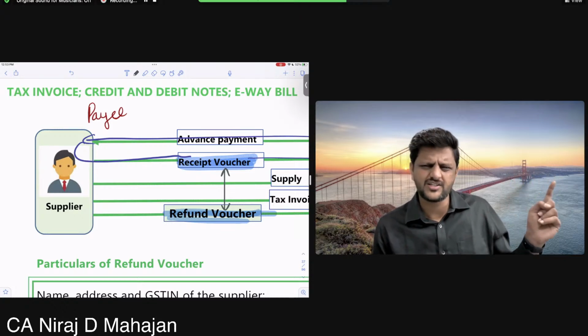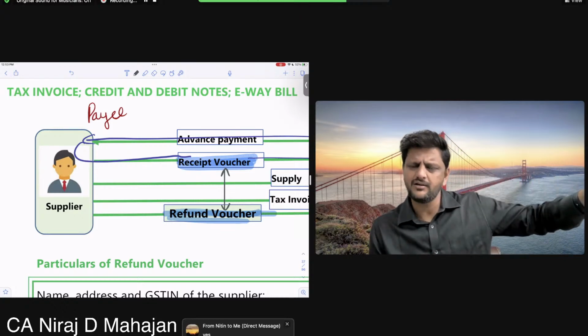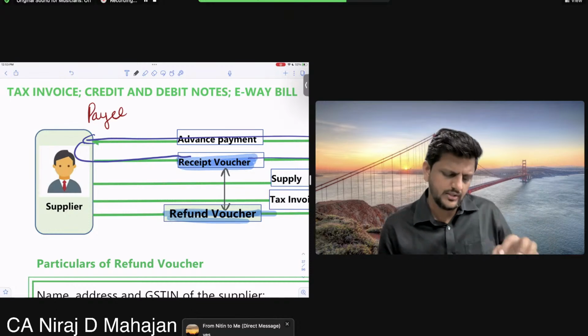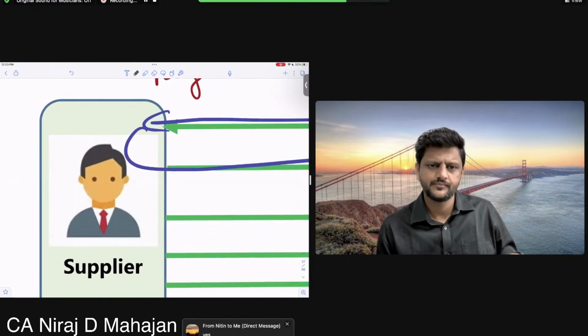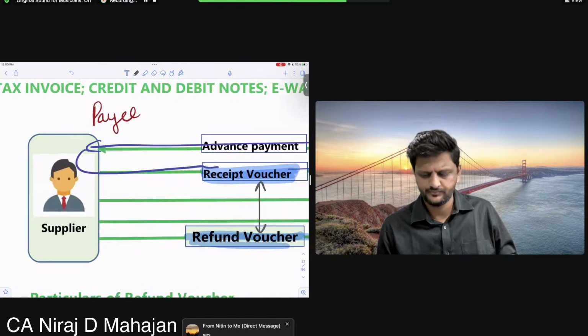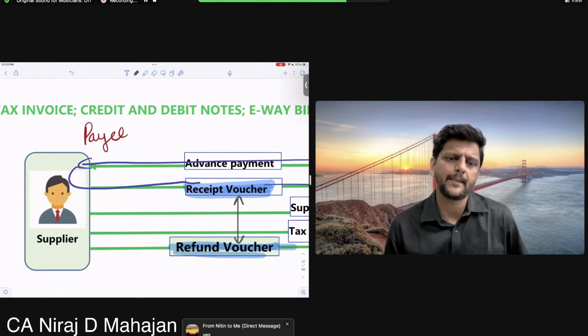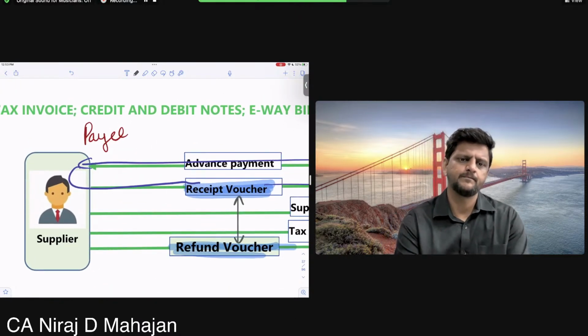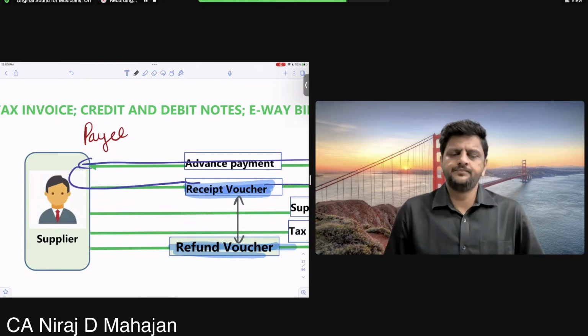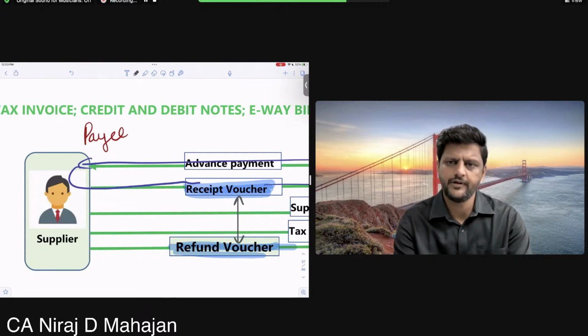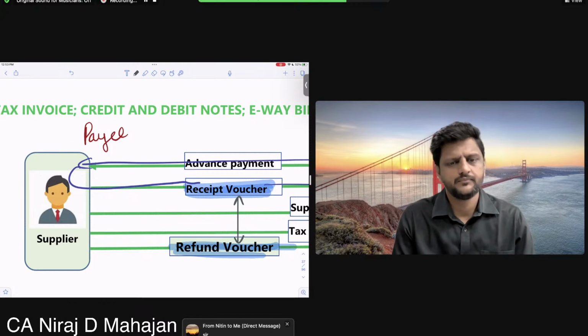Now because the original transaction will get cancelled, whatever tax he had paid earlier, even that needs to come back to the supplier. Clear till here? Is it okay? Fine, everybody? बोलो.